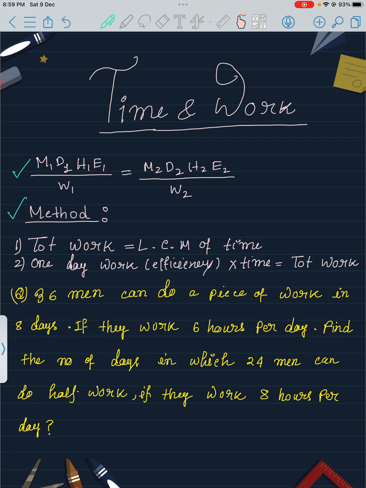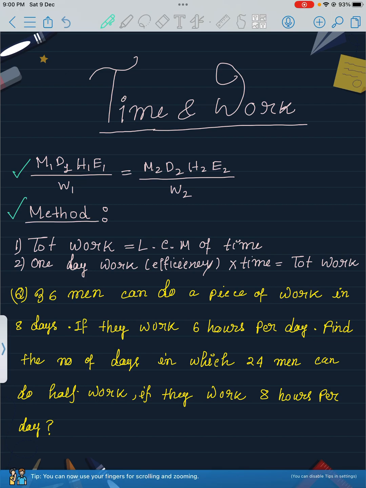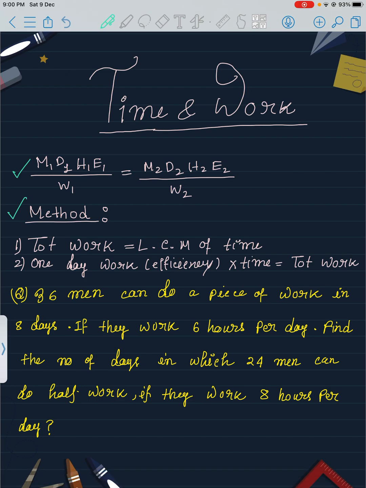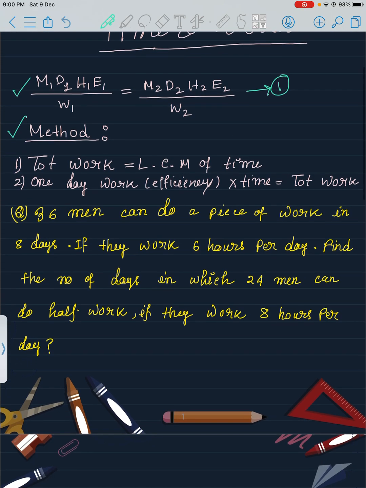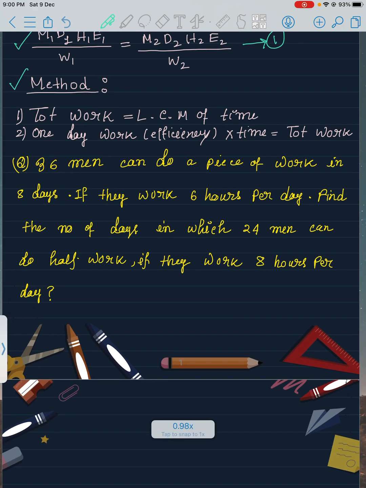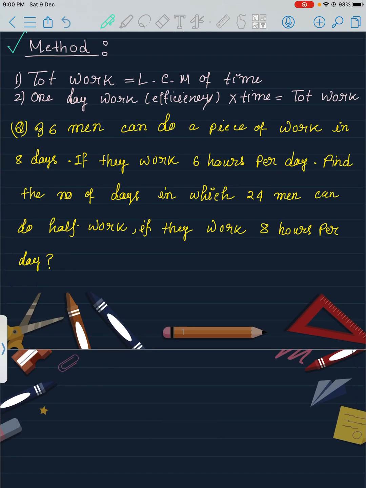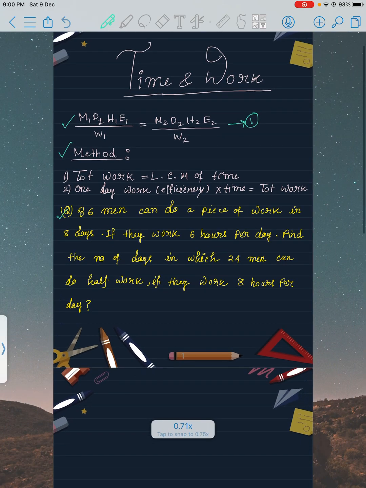So first of all, do a problem using this formula 1. Okay, so first read it. Question: 36 men can do a piece of work in 8 days. So we have to use this formula.